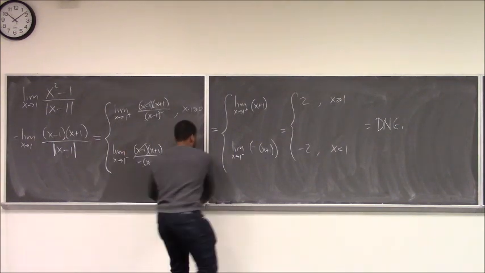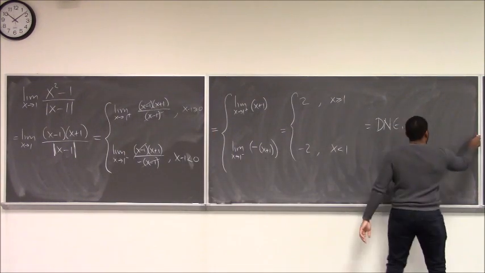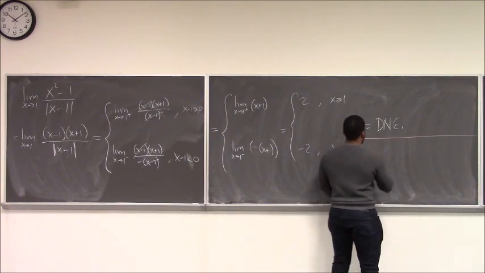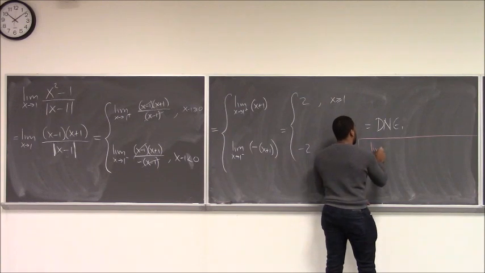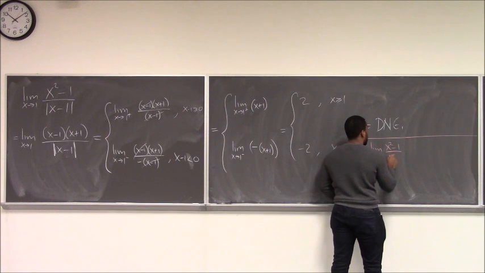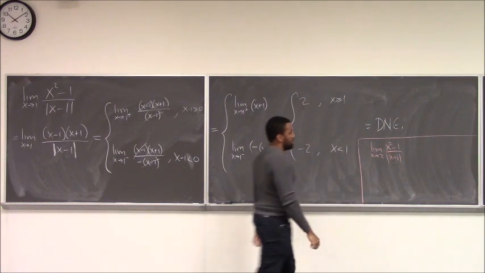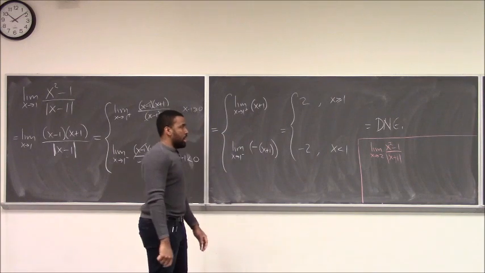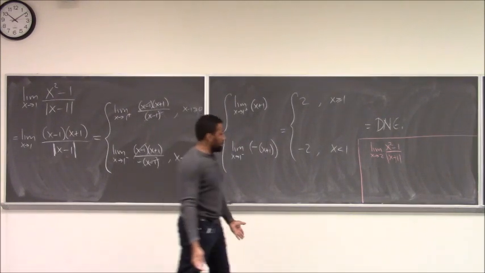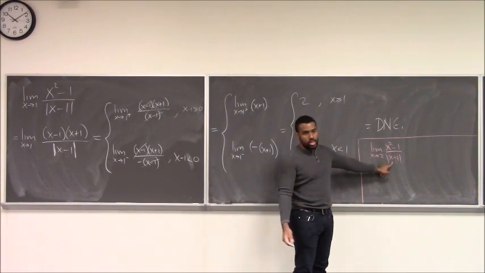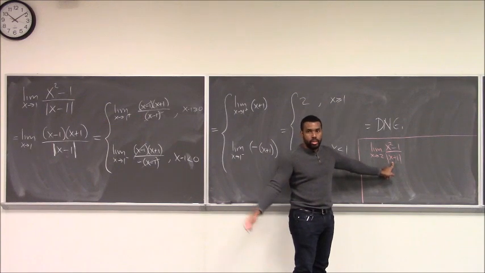So, to tweak this example a little bit, if I ask you, what is the limit as x approaches 2 of that same function? Then I wouldn't have to split that in 2 because the absolute value isn't approaching 0. It's kind of just a plug-in thing, right?